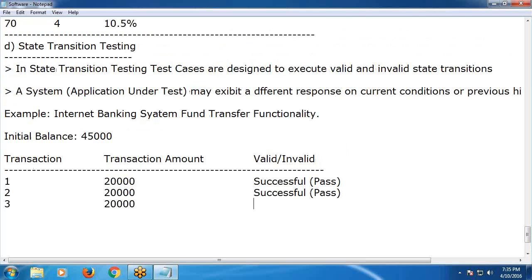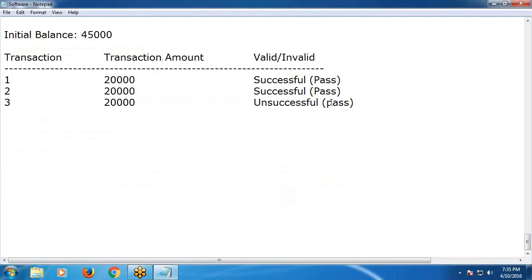Abdur Rahman, seems like fail. Unsuccessful means pass, na. Observe here. Depends on the state. Unsuccessful means pass. Why? Suppose balance is 45,000.